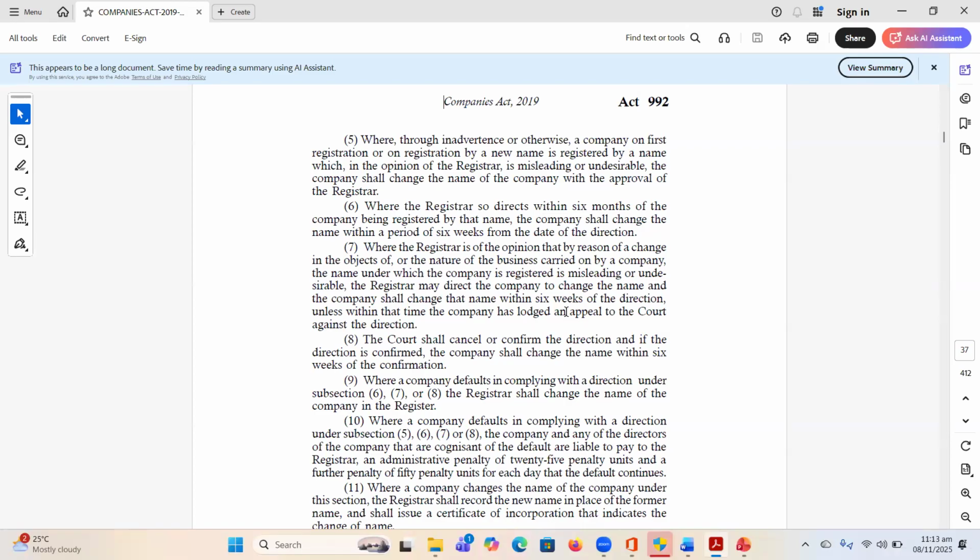The idea was to generate lists of certain words which should not be used in the name of a company. And if those words were being used in the name of a company, because of the special context which those words suggest, certain approvals will have to be obtained from the relevant regulators or public bodies.